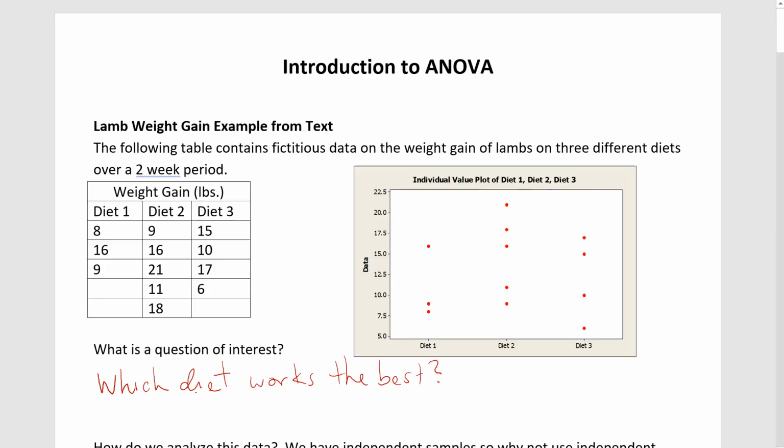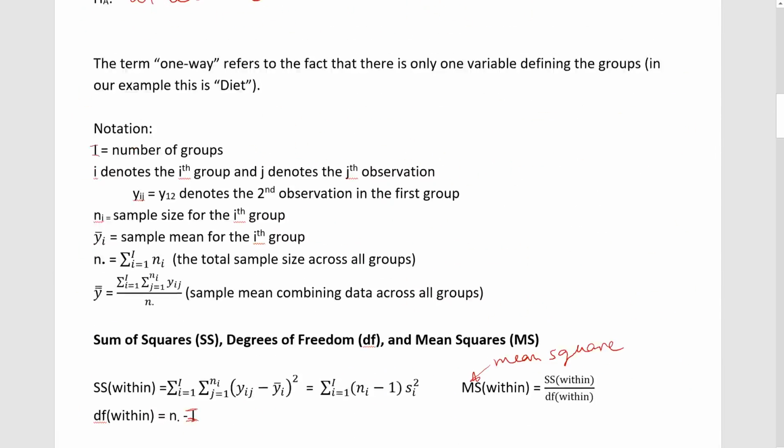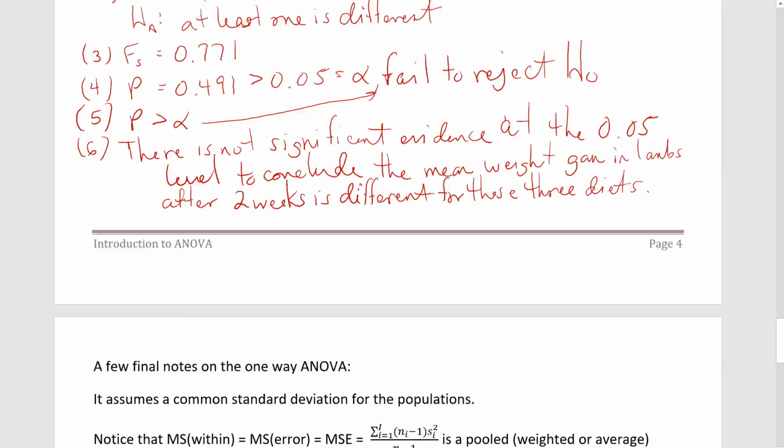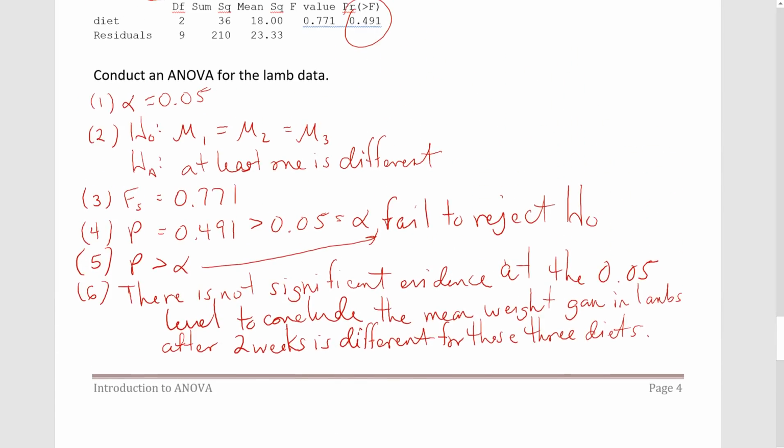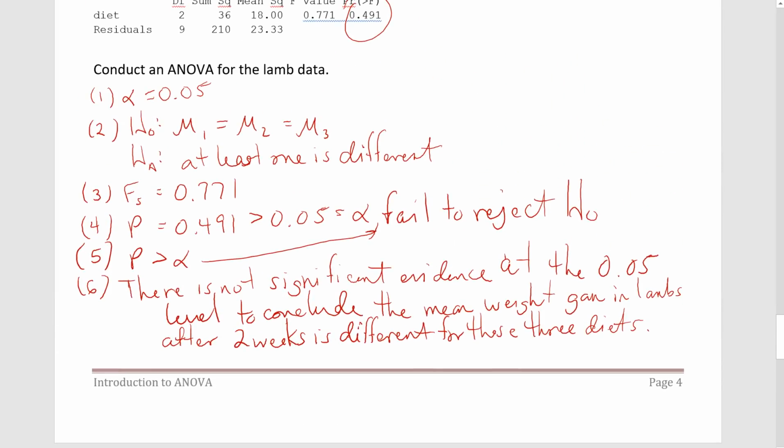It looks like diet 2 might be shifted up slightly from diet 1 and diet 3, but our hypothesis test did not detect that difference. So when you fail to reject in the ANOVA, you kind of conclude that there's really nothing else to look at. If you do reject in the ANOVA, then you want to find out where the differences are.